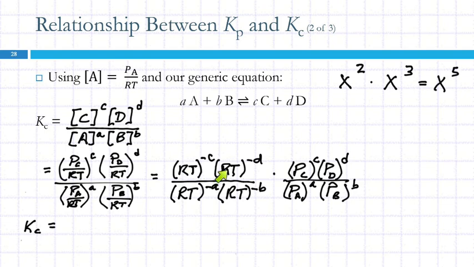So the numerator here is the same as RT to the negative c minus d. And in the bottom, we've got RT to the negative a minus b.